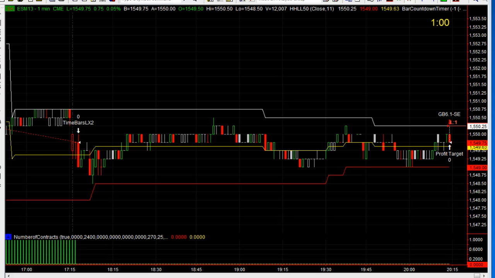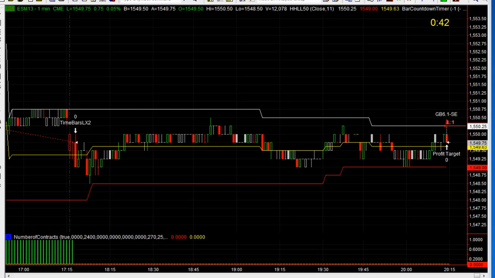Now see, right away, it's already adding. It's trying to short that same level again. That's good. It's like having your line dragging outside the boat and a fish jumping on it. Exactly. Now look at that, it moved right through it. So the key there, John, was I happened to get filled up there.